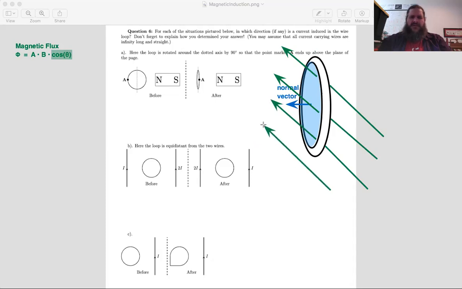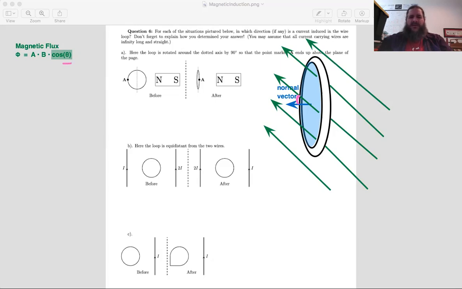If you have magnetic field lines that look like this, now they're not perpendicular to the normal vector, so cosine is not 0, but they're also not parallel to the normal vector, so cosine is not as big as it could be. Instead, we just have this angle, and specifically the angle we're talking about is the angle between the magnetic field vector and the normal vector. So that angle is the theta described in the equation.